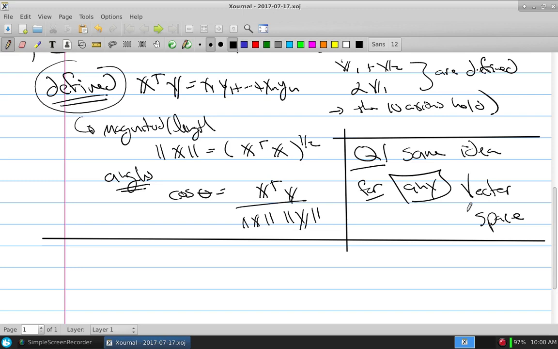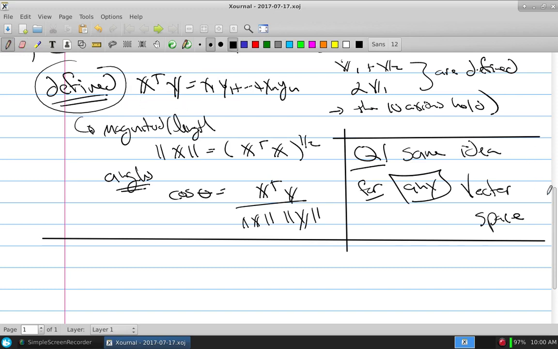So the question would be, given any vector space, could you define a binary operator that would still allow you to talk about magnitude or lengths, which would really be just simply using the binary operator in a particular way, and it will spit out an idea of a magnitude or a length, and it would spit out the idea of an angle for that particular vector space.